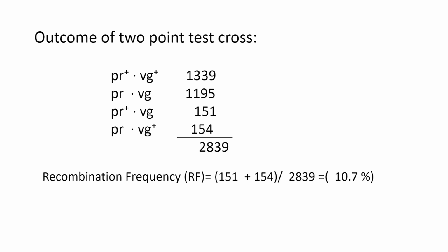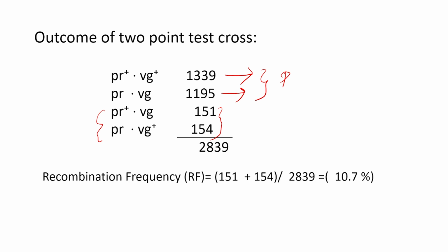We have seen this example before, and I am using the same example so that you feel familiar and we can discuss things in continuation. We did mention that the parental class dominates, because they are the parental genotype, homozygous wild type and homozygous for purple and vestigial mutation, and the recombinant classes are low.